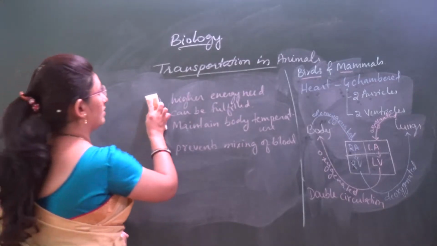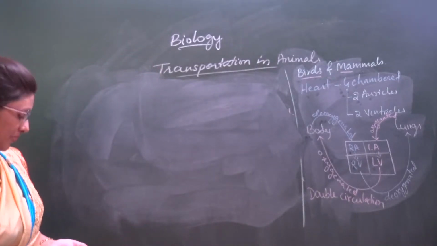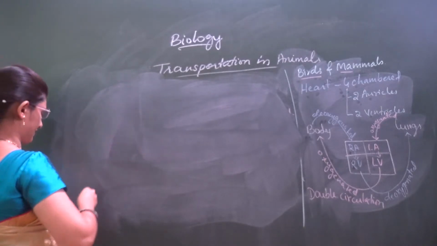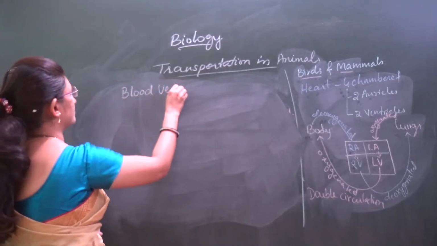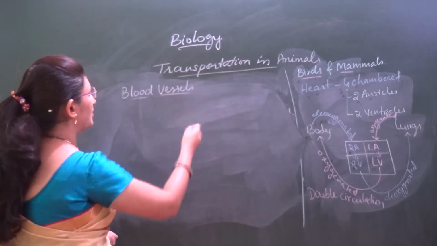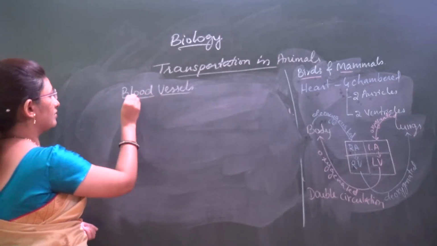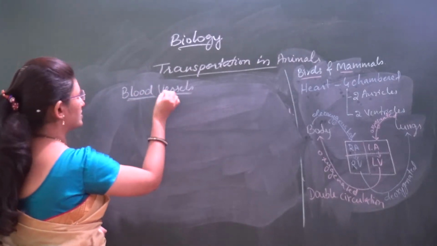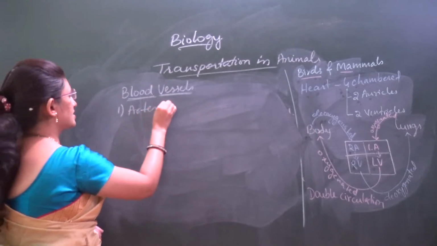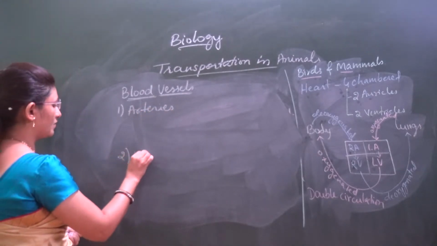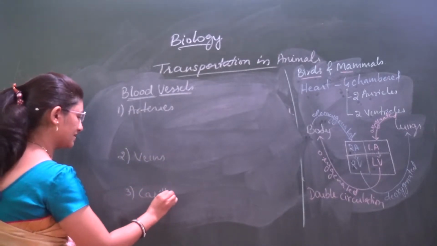Next, let us see the second part. After the heart, we come across blood vessels. They are tube-like structures through which the blood moves. The blood vessels are the arteries, the veins, and the capillaries.